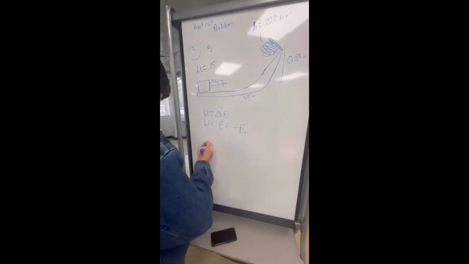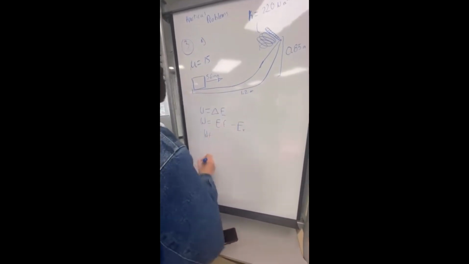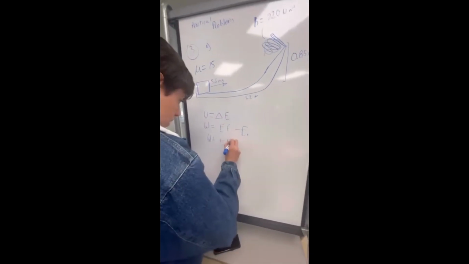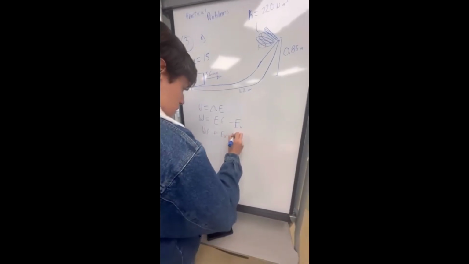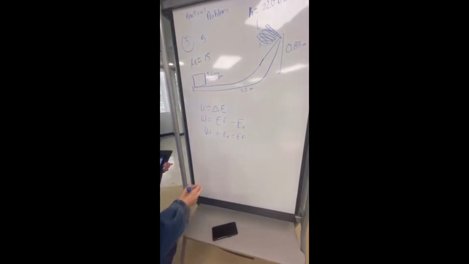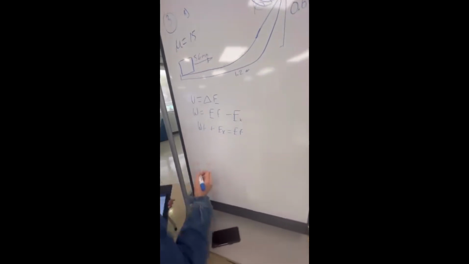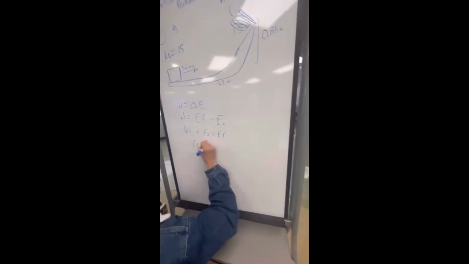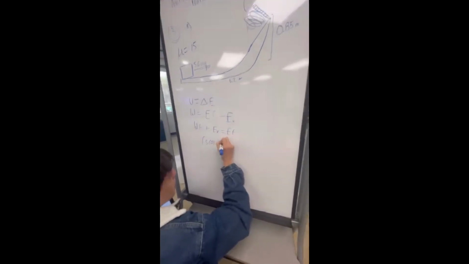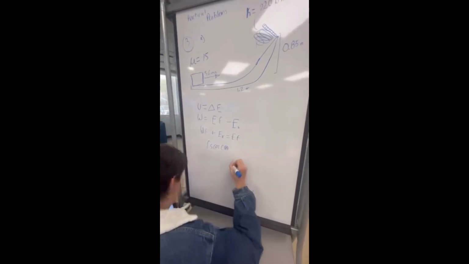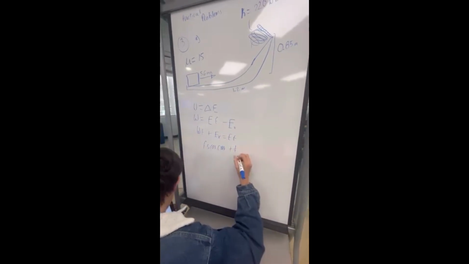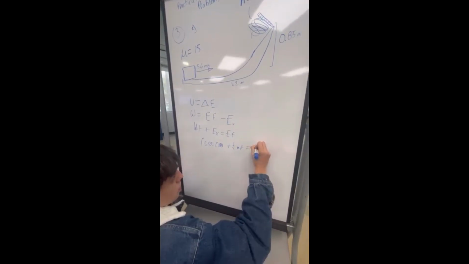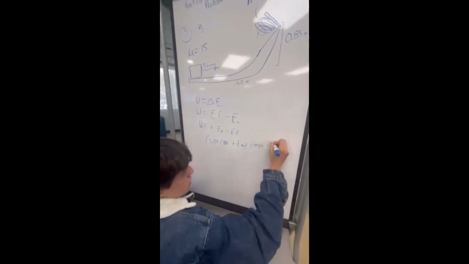So first we have to get the work of the frictional force, and after getting the work of the frictional force, we only have to add the kinetic energy and equate it to the potential gravitational energy plus the elastic energy, and we do the same process for getting x. After solving, we get 0.3466.